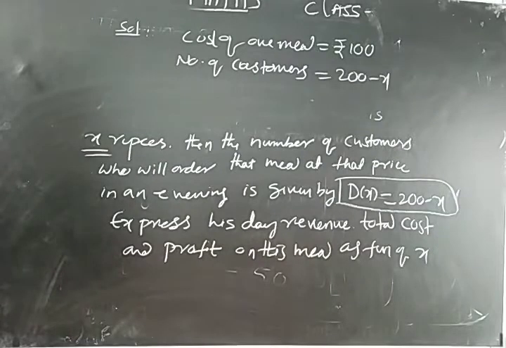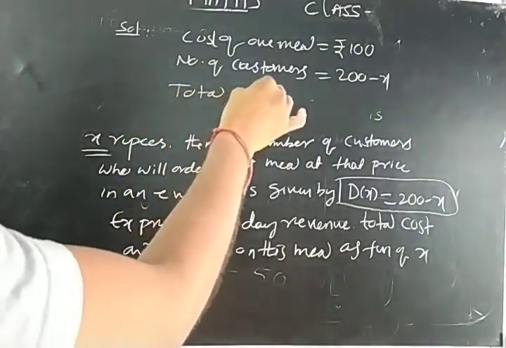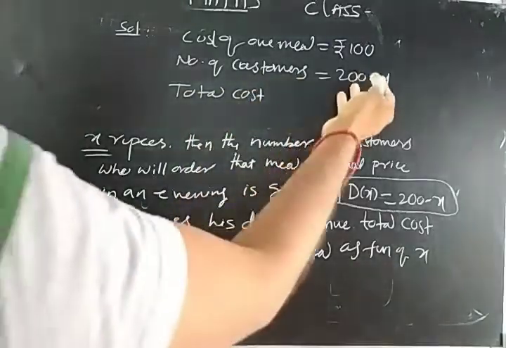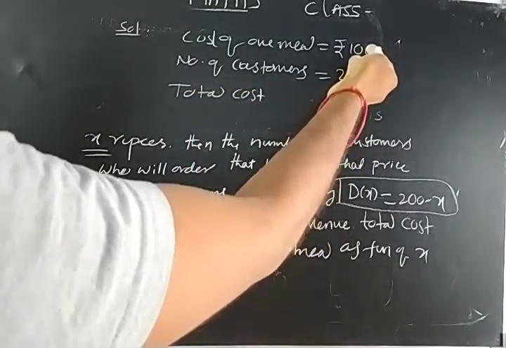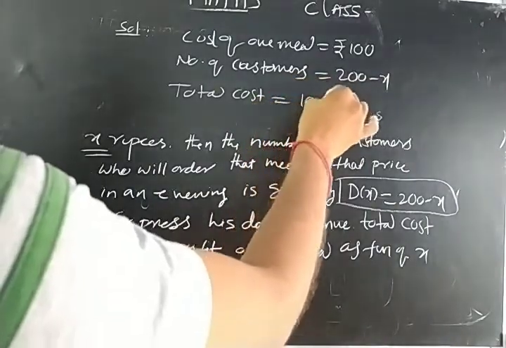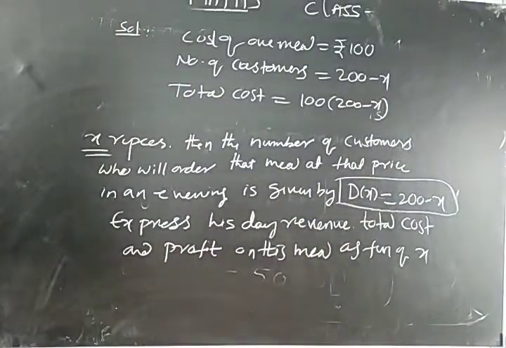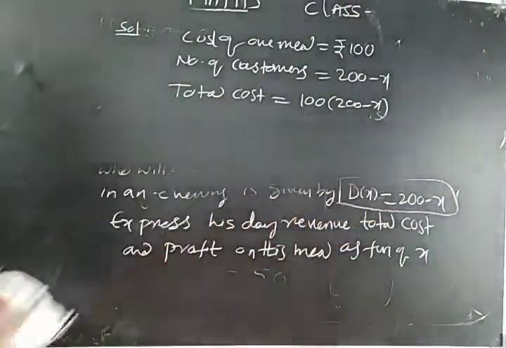So take now the total cost. How much cost will he spend on the meals? Each meal costs 100 rupees, and the number of customers is 200 minus x. So total cost will be 100 into 200 minus x. This is the total cost spent on the meals.